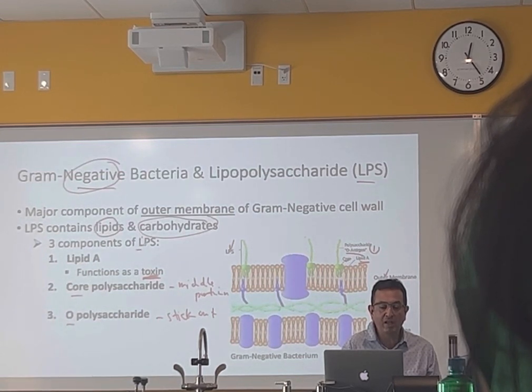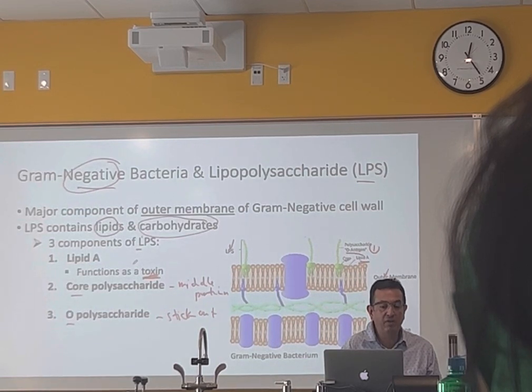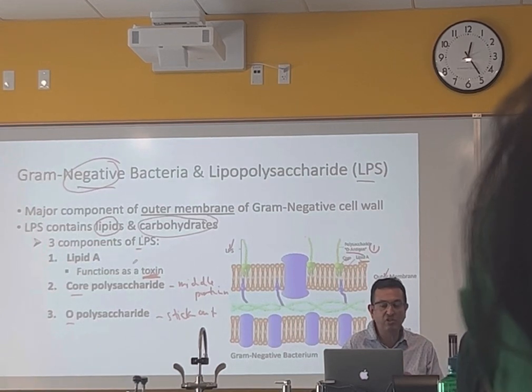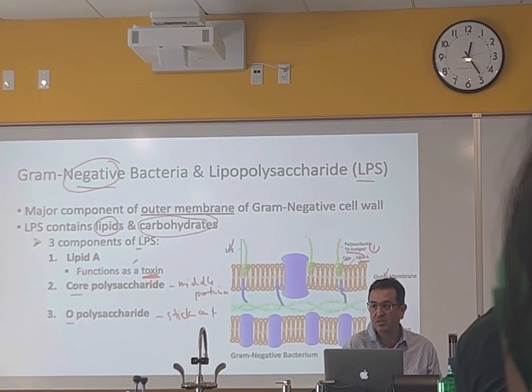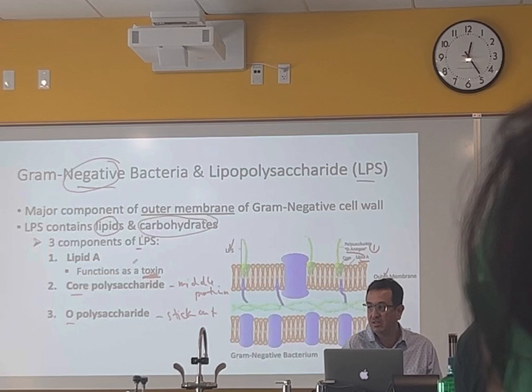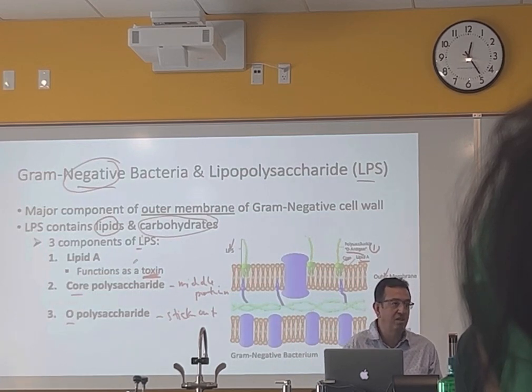The L part in LPS is the lipid A part that acts as a what? Toxin. Okay. So yeah, usually bacteria responsible for gram-negative types of infections are usually worse than gram-positive. You have more side effects. Okay, but I'll save that for when we study the diseases in exam 3.